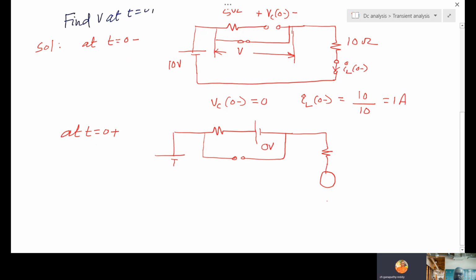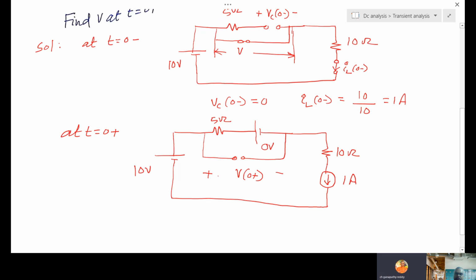Inductor with the current source, current source of 1 ampere. This voltage is V 0 plus. It's 10. So here switch is open. This is 1 ampere, 5 ohm resistor, 10.